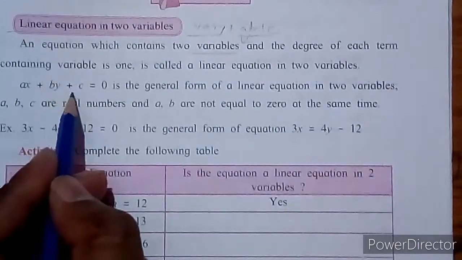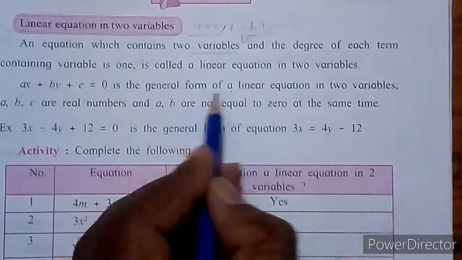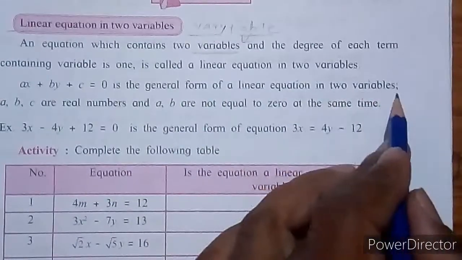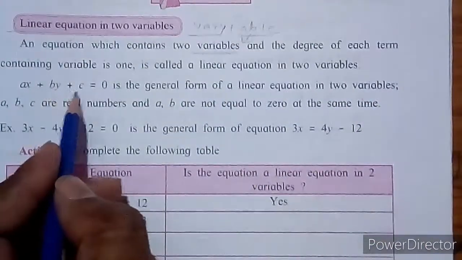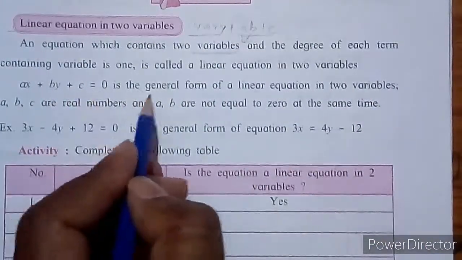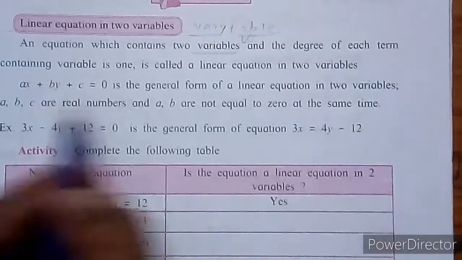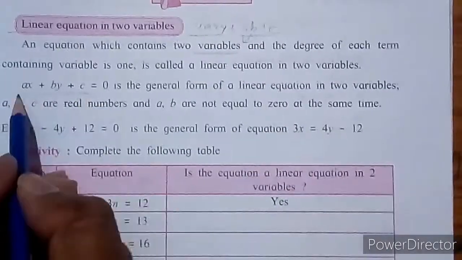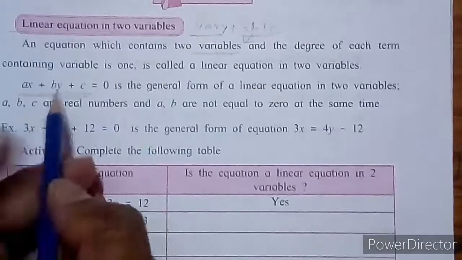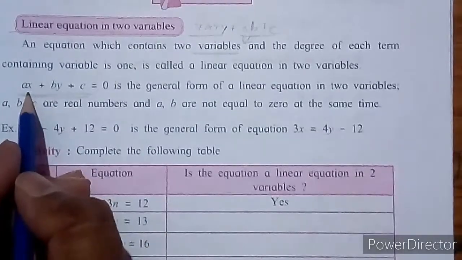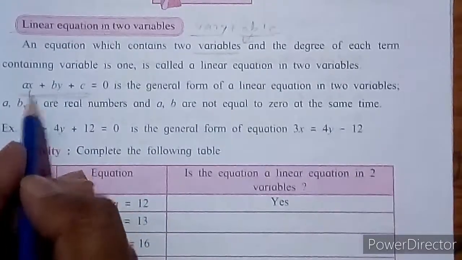ax plus by plus c equals 0 is the general form of the linear equation in two variables. ax plus by plus c is a general form, means generally the linear equations can be found in this form. Now according to the definition, this equation has two variables, that is x and y.